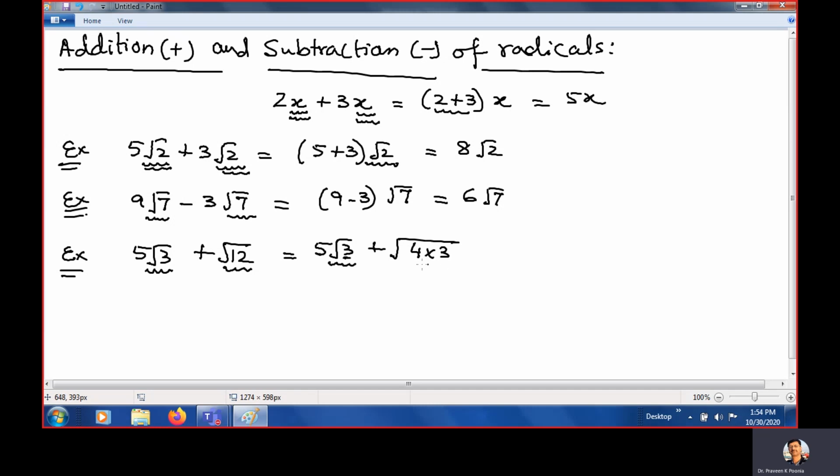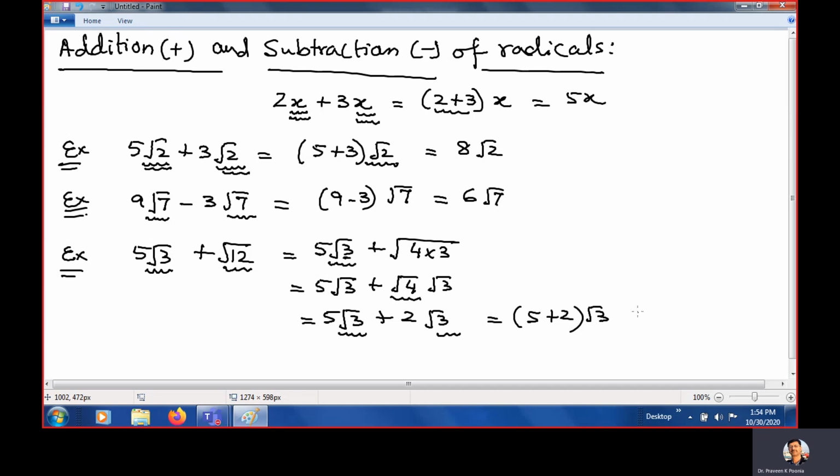So how am I doing it? 12 is 4 times 3. Clear? And we learned in exponents that this can be broken into two parts, square root 4 times square root 3. And in the previous lecture we learned the square root of 4 is 2, so 2 square root 3. Now look, the radical parts are the same. So how much is it? 5 plus 2 square root 3, that is 7 square root 3.